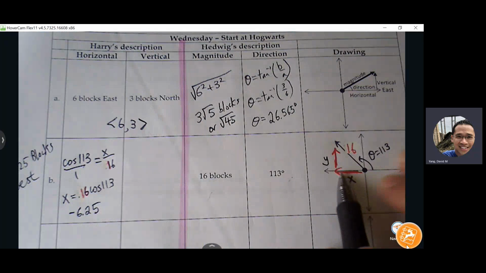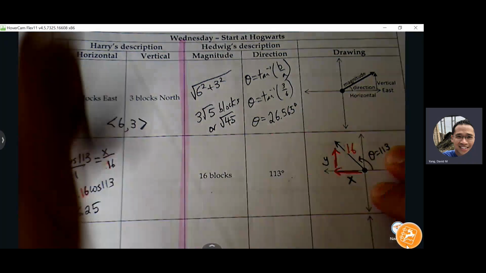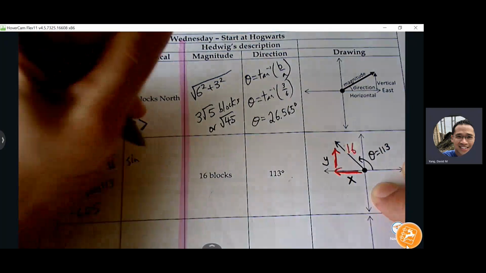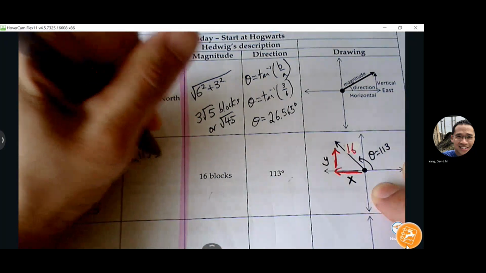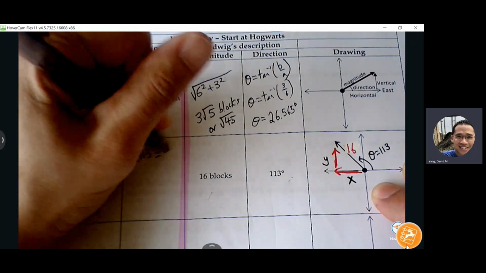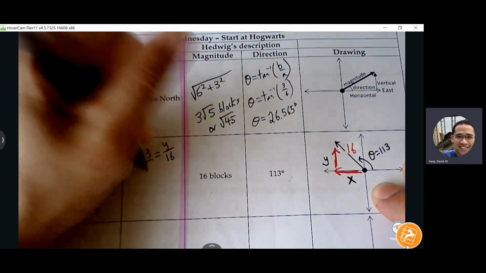And then if I want to solve for y, I can use what? Sine. Sine of my angle measure is opposite over hypotenuse. Cross multiply.